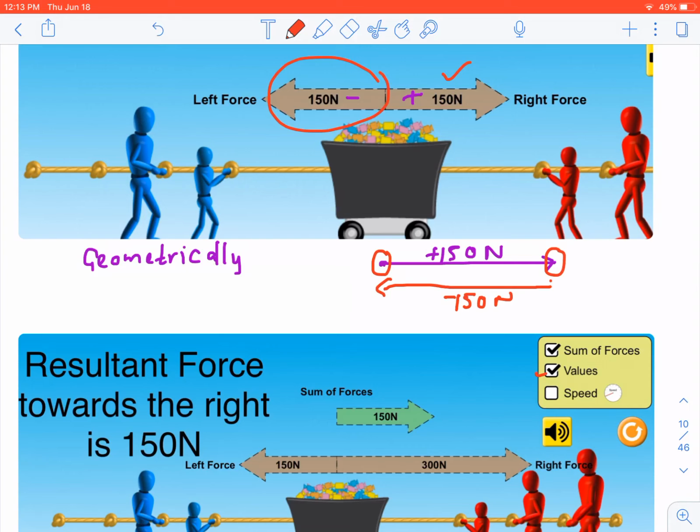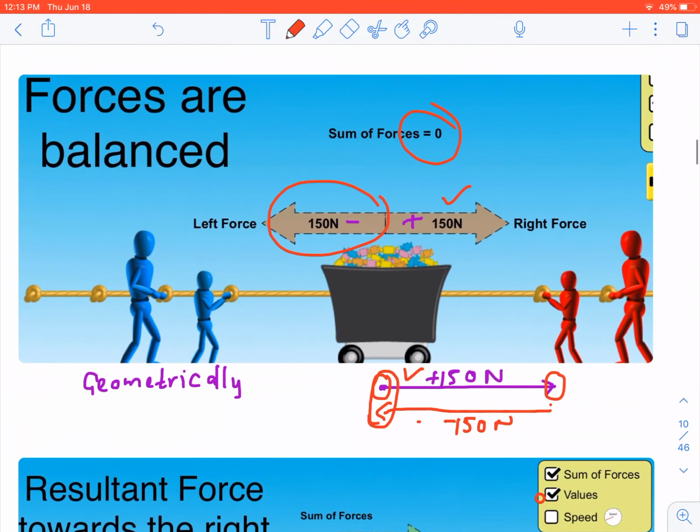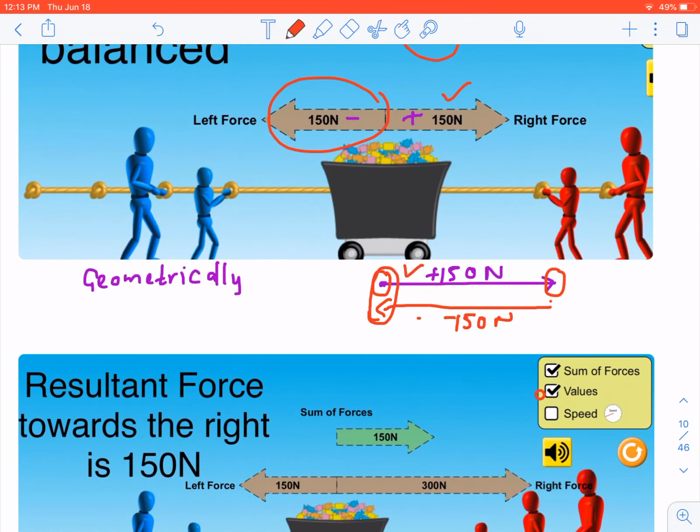So that's your first vector, and that's your last vector, and there is no difference between the distances of the tail and the head of the last vector. That's geometrically done.